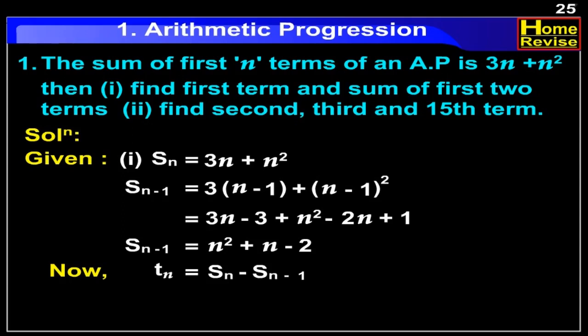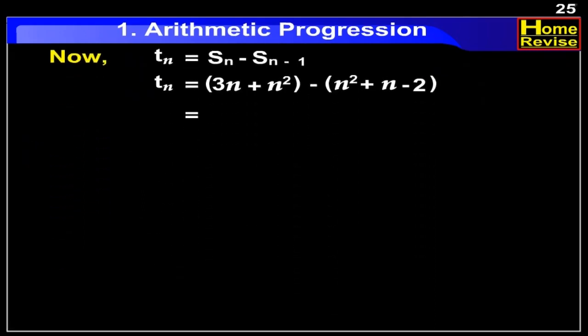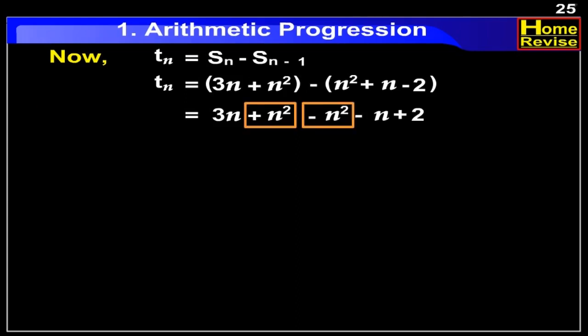Substituting the values, we get Tn is equal to 3n plus n square minus (n square plus n minus 2), which is equal to 3n plus n square minus n square minus n plus 2. Here, plus n square and minus n square get cancelled out. Therefore, we get Tn is equal to 2n plus 2.